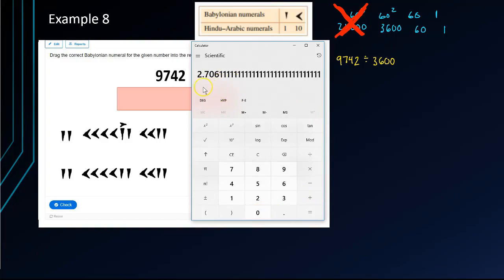Now I get this number right here. So I have 2 and something else following that. What that means is that I have 2 3,600s, or 2 60 squareds, that come out of this. So as I start my division, I'm going to have a 2, and I need to figure out what the remainder is.